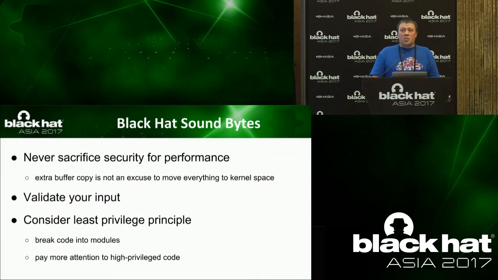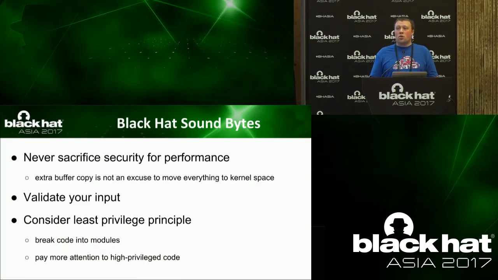And lastly, consider the least privilege principle. This is what is not done in the USB IP framework. You should break your code into modules. It's understandable that in frameworks such as USBIP, some parts require very high privileges to inject low-level USB data into the kernel.